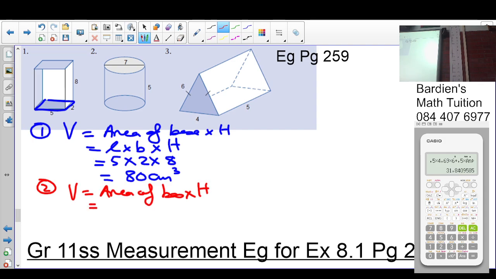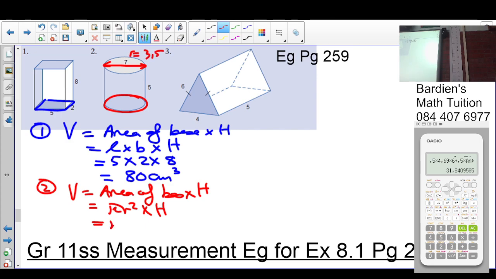So what's the area of this circular base? Area of a circle is pi r squared. So is this the radius or the diameter? Diameter. So what will the radius be? The radius is going to be 3.5.